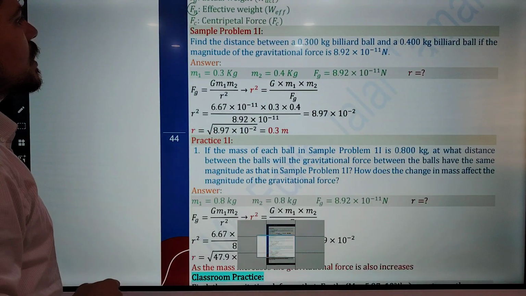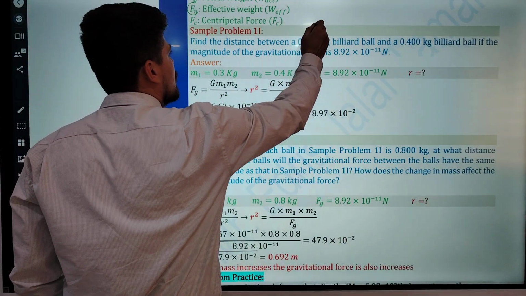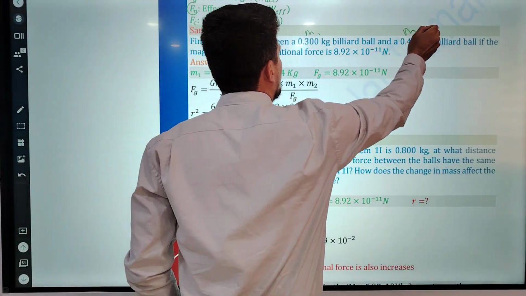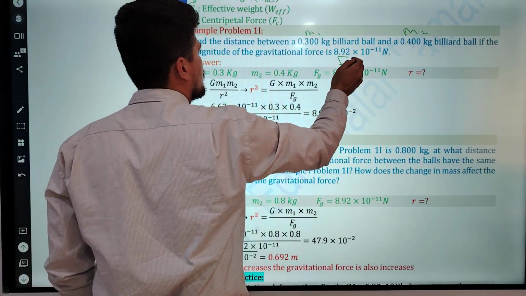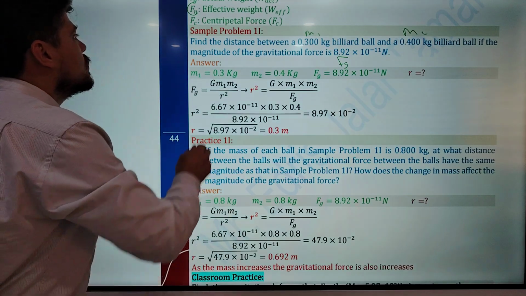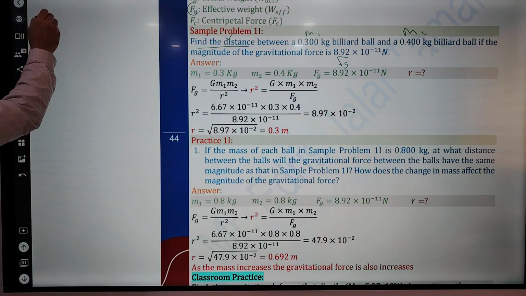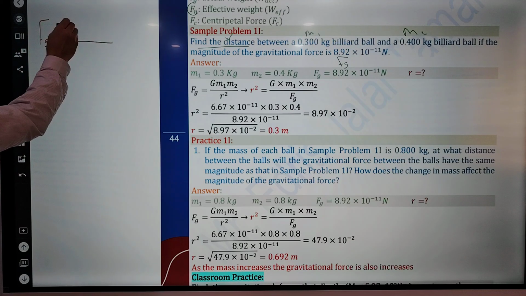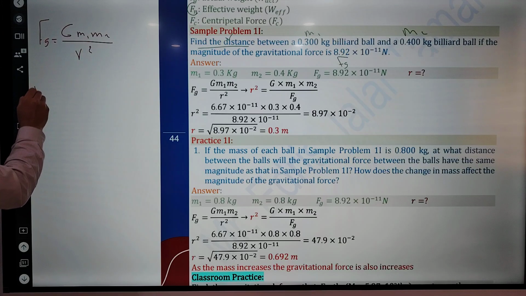Sample problem 1: find the distance between a 3 kilogram billiard ball, this is M1, and this is M2, given the magnitude of the gravitational force. We need to find the distance, R. Because Fg is equal to G M1 M2 over R square.